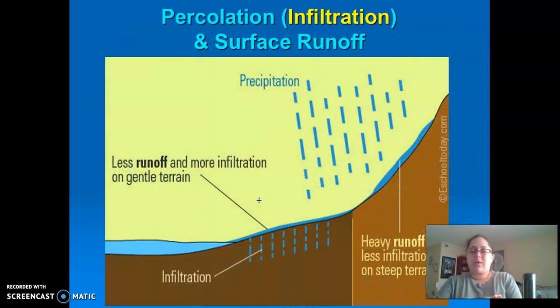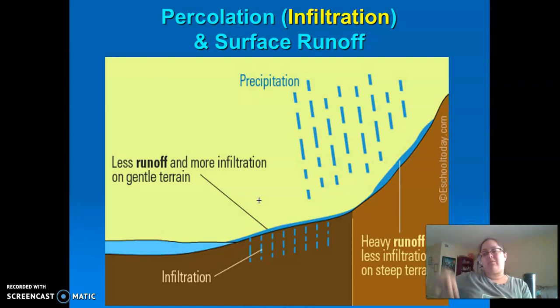But mainly, what I want to talk about is this infiltration into the rock. Okay, what happens is when it gets into the rock and it goes all the way down, it goes down to what we call groundwater. I'm going to talk about that in a sec. I just want to talk about this picture where it basically says that when rain is landing on a mountain or a hill, you have a lot of runoff because the water is sliding down thanks to gravity.